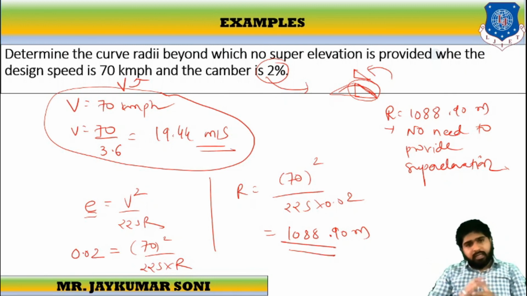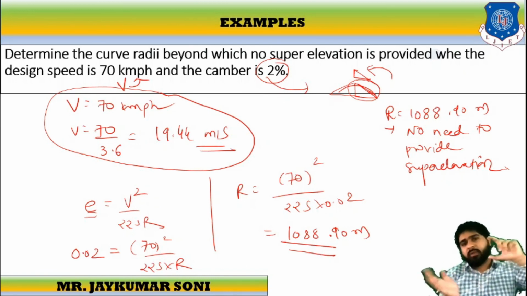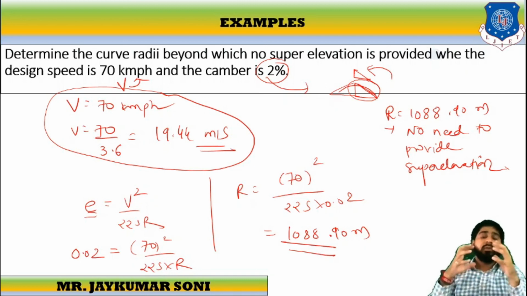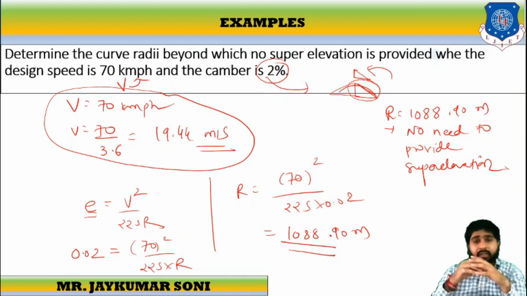So I guess I have covered all the types of examples that can be asked in super elevation, and super elevation is the raising of the outer edge with respect to the inner edge in order to prevent the overturning of vehicles due to the horizontal outward centrifugal force that acts on the outer edge of the road.